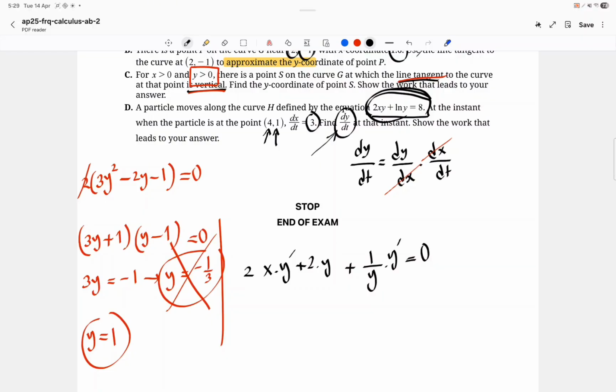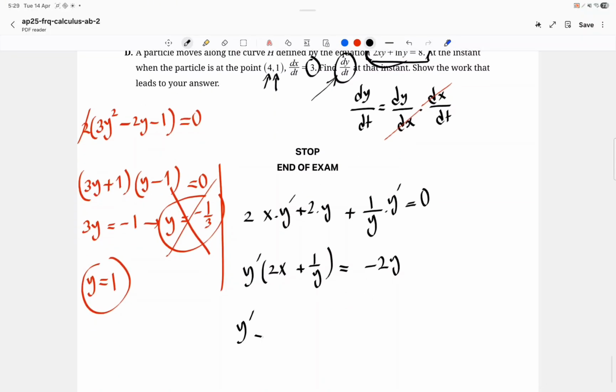And now you want to isolate the y primes, so (2x plus 1 over y) times y prime is equal to negative 2y. So y prime is equal to negative 2y over (2x plus 1 over y).